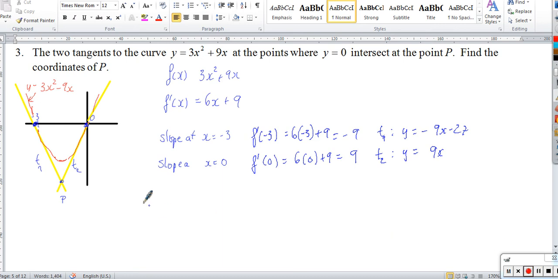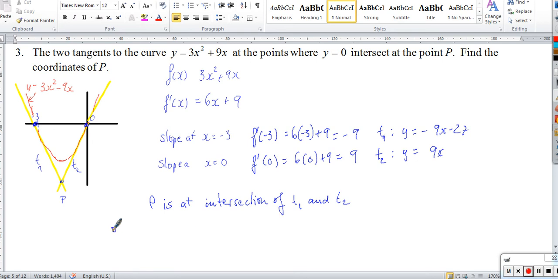Right, now P is at the intersection of tangent 1 and tangent 2. That's one way, so simply I could solve this simultaneously here to find out at what x value and y value do these two meet.